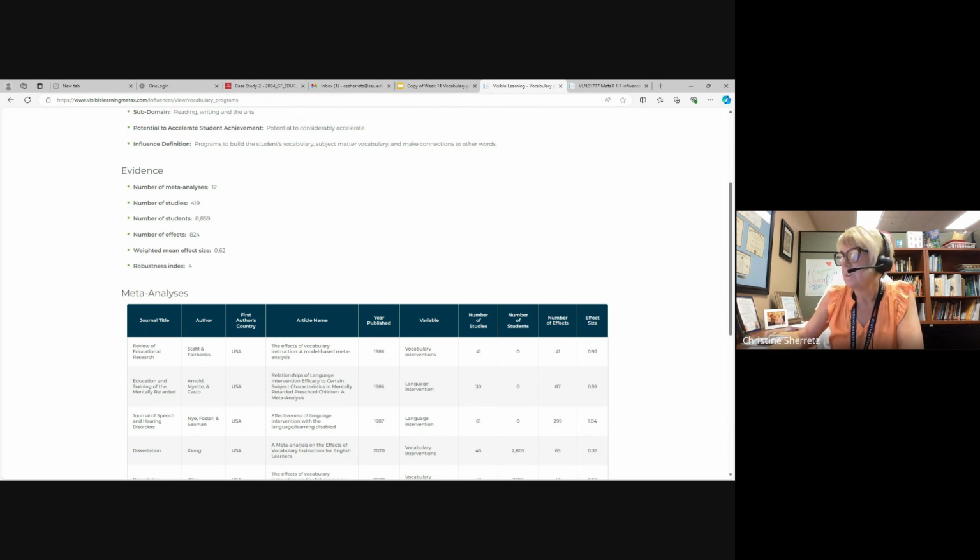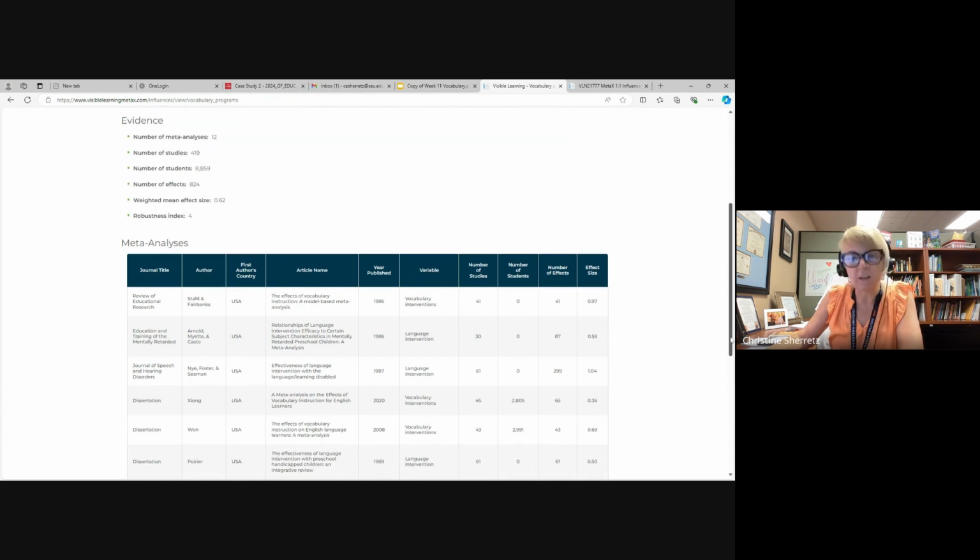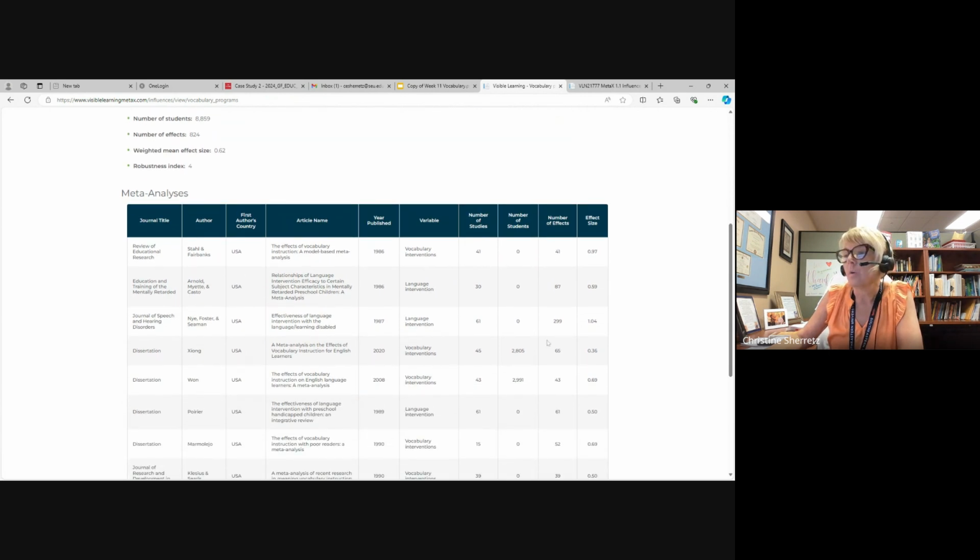And so we can see that we have a lot of different studies. Here's a study that studies the effects of vocabulary instruction, and that had a 0.97 effect size, which is very, very good. Here we have another study that had a 1.04, very strong.